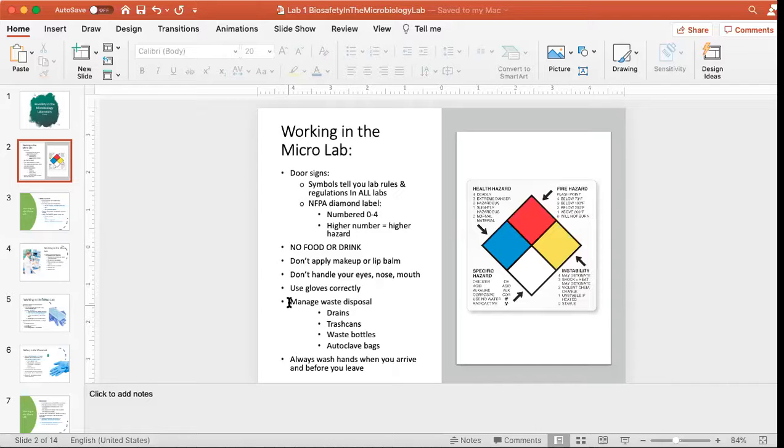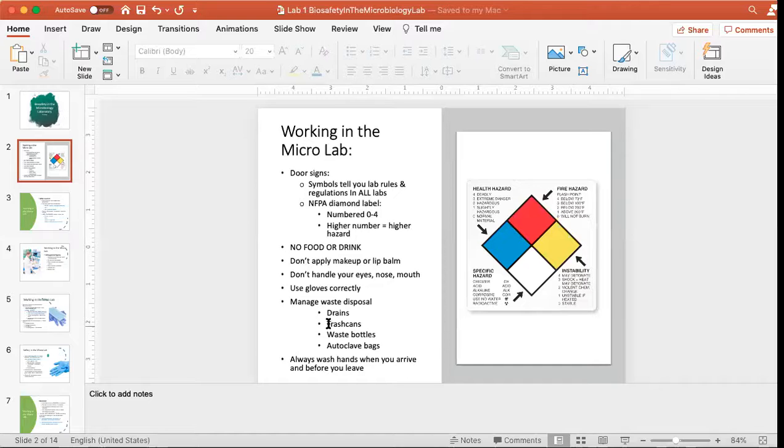So it's really important that we always know, that we're always aware of what we're handling and how we need to dispose of it. We don't want to throw things into the ordinary trash that could be dangerous to people or animals or the environment. So we have to be very careful about putting things down drains.